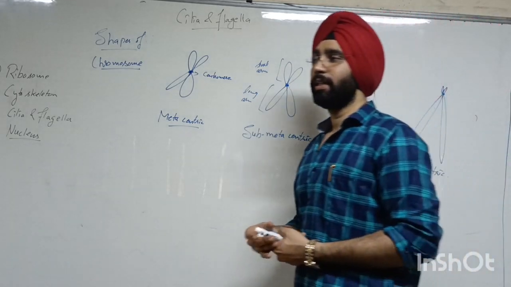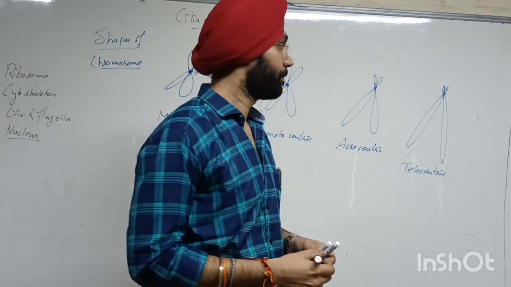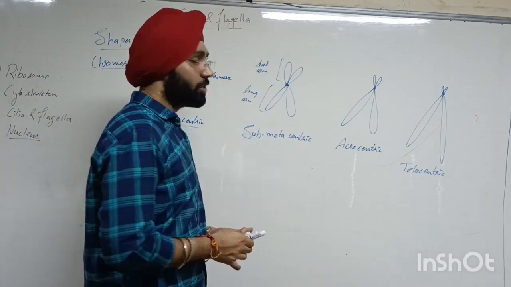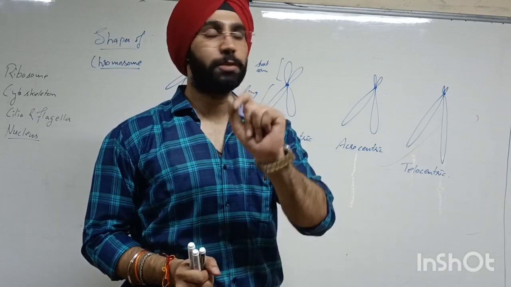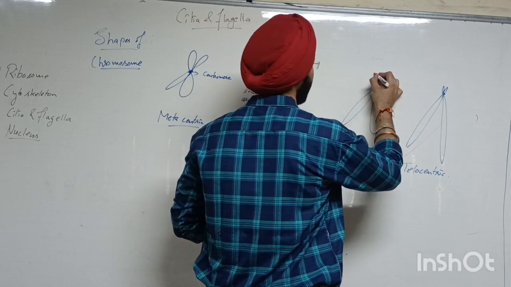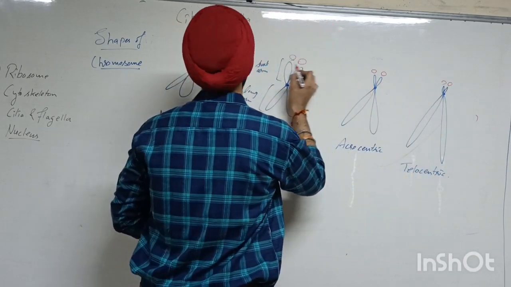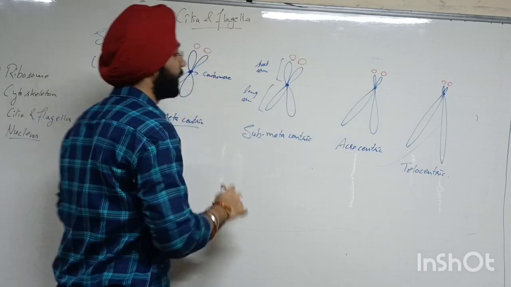Here is another term explained in the NCERT, known as satellite DNA. Let me explain. Satellite DNA is a kind of DNA present on the terminal position of the chromosome, like this. These red spots are satellite DNA.